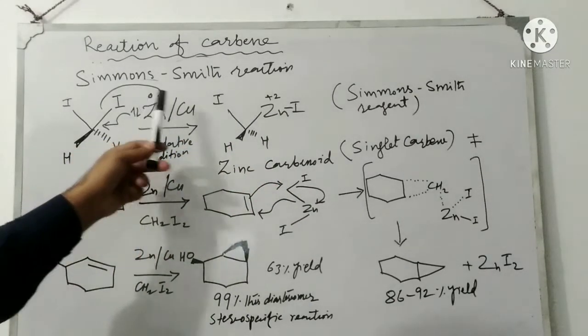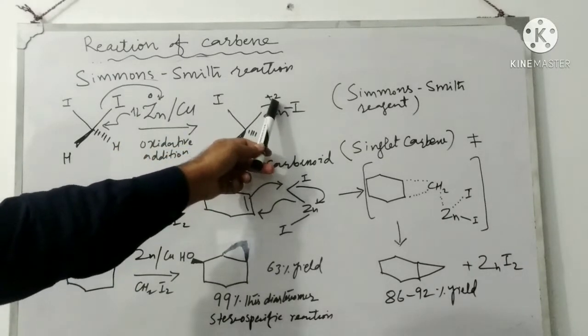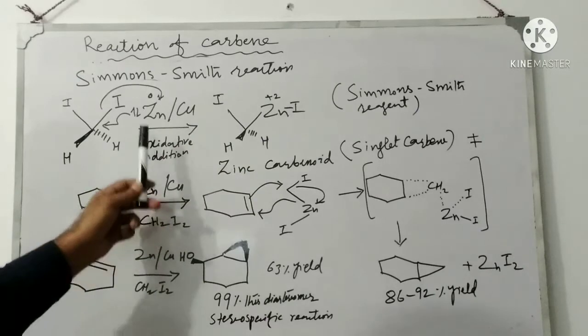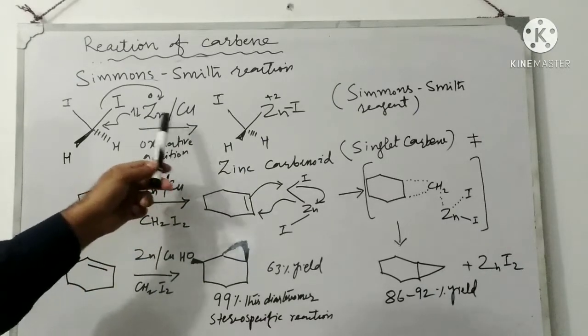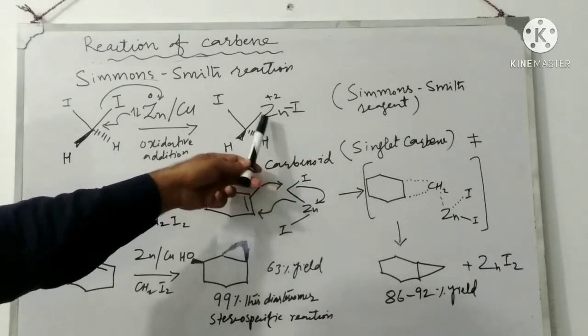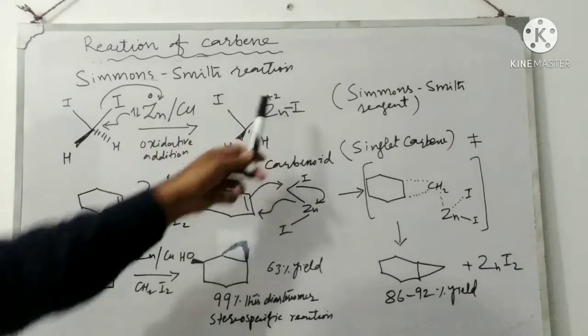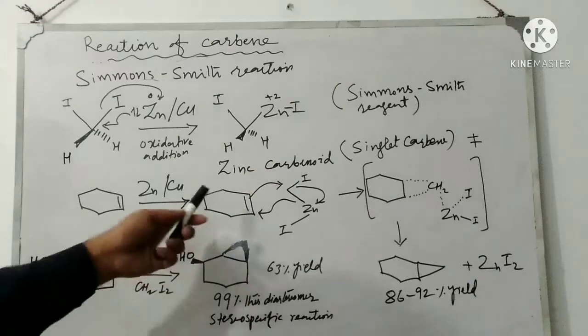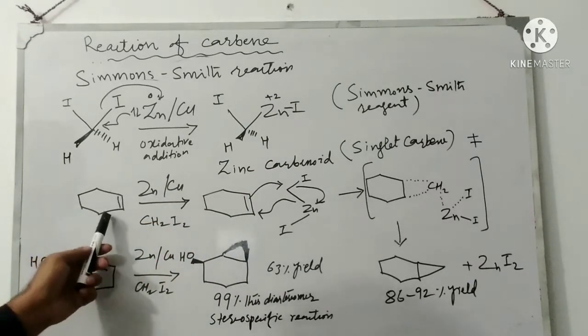So from the zero-valent state, the metal goes to the +2 oxidation state. This step is called oxidative addition of the metal, because the metal is oxidized from 0 to +2.